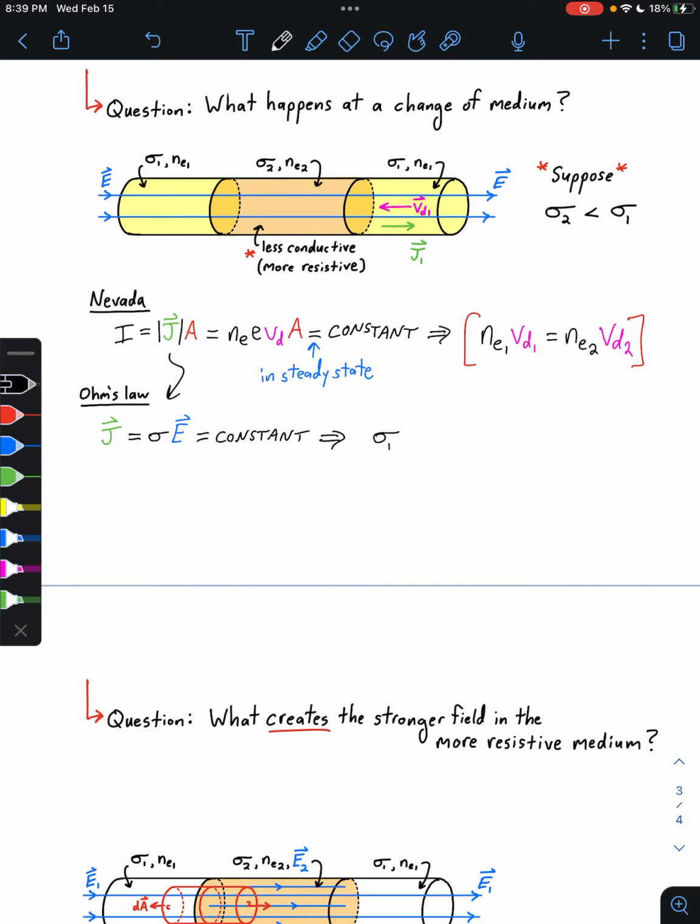So the conductivity in region 1 times the field strength in region 1 equals the conductivity in region 2 times the field strength in region 2.